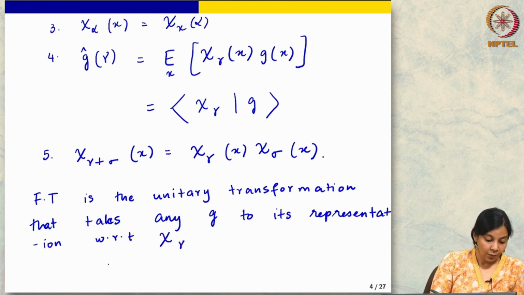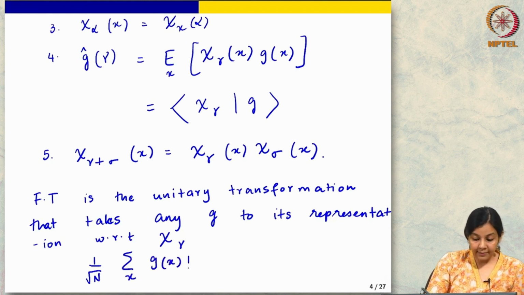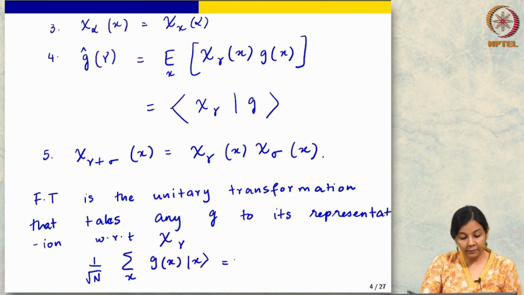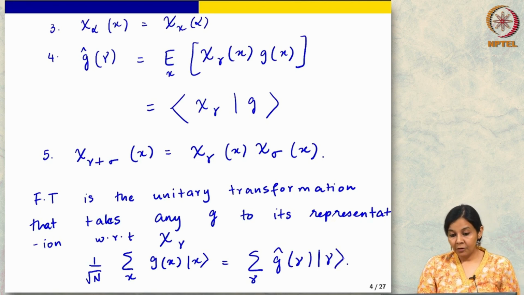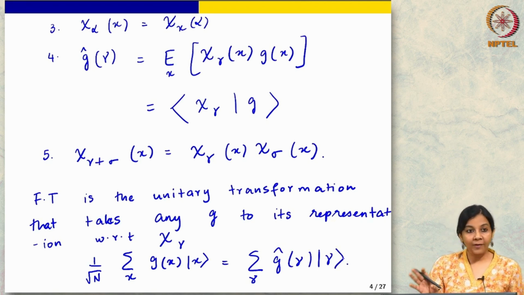In particular we saw that 1 over root n summation over x of gx x, this is the representation using the standard basis, can be written as summation over gamma of g hat gamma times chi gamma. So far this is just a recap.